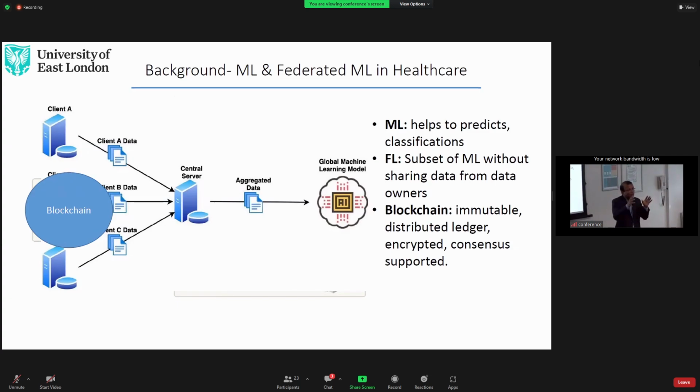The individual healthcare organization will train their model and then share their model to another server, called the federated server. The federated server averages every local model, creates a global model, and then runs the next step.